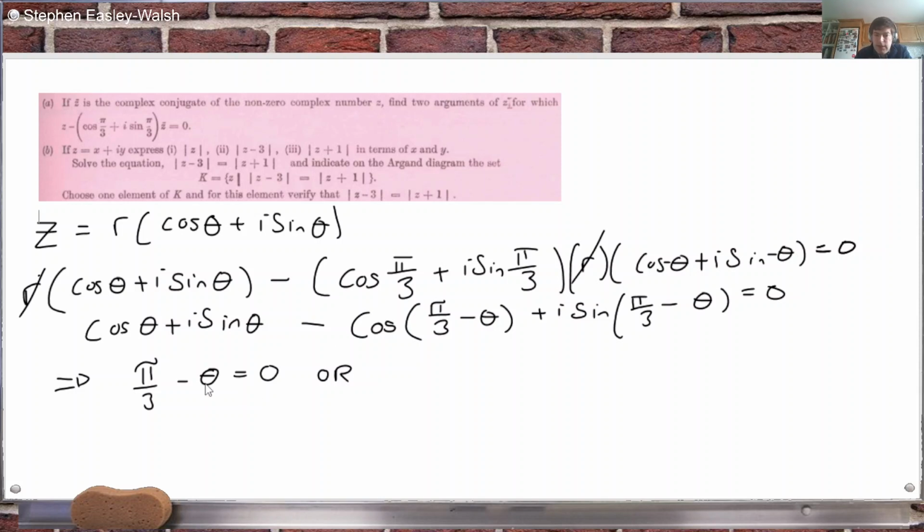Because if this is 0, what will happen is the sine parts will disappear. Oh, sorry, I said equals 0, didn't I? That's wrong. I think it would need to, well, it could be 0. It would need to equal theta. Because if pi over 3 minus theta is the same as theta, then these negative cos's will cancel.